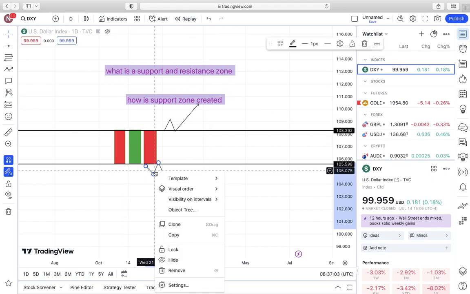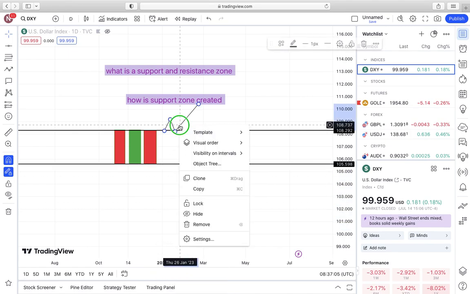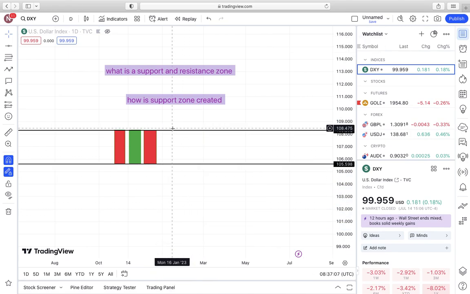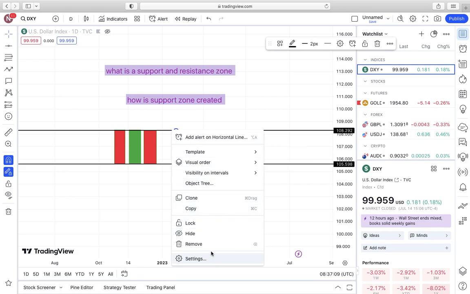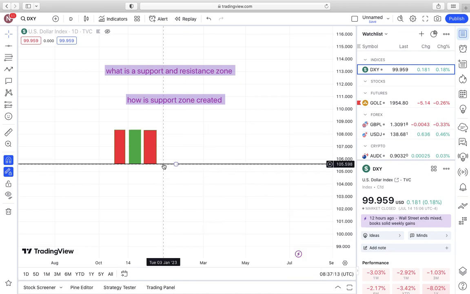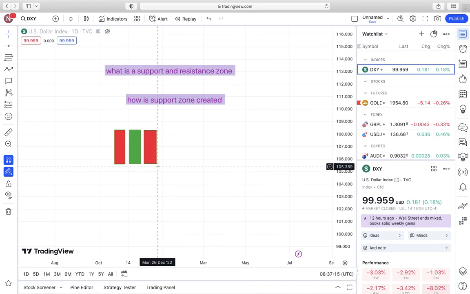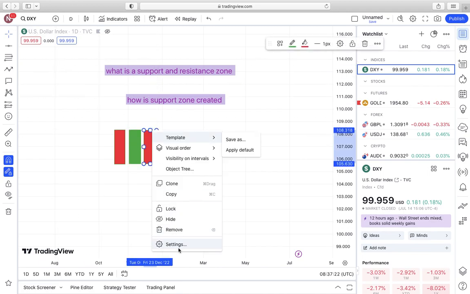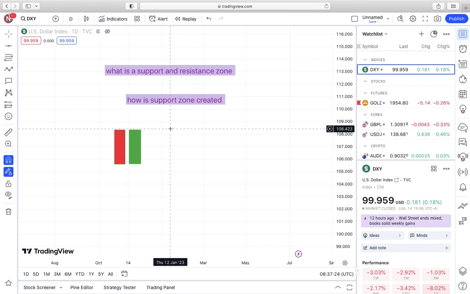Now, how is this support zone actualized? We have seen how it is violated, but we have not seen how it is actualized. Let me remove this because this one is showing a violation.